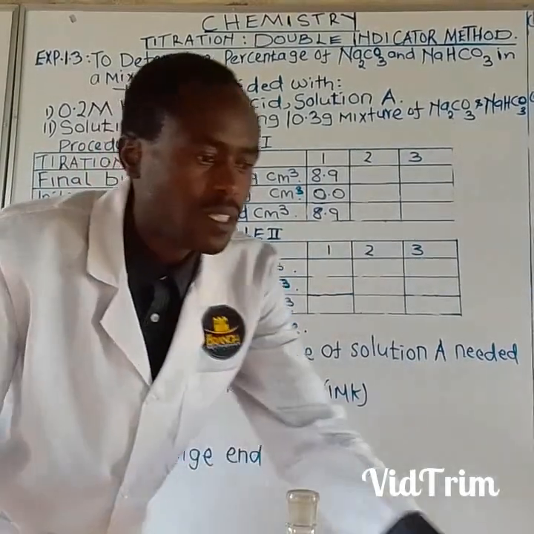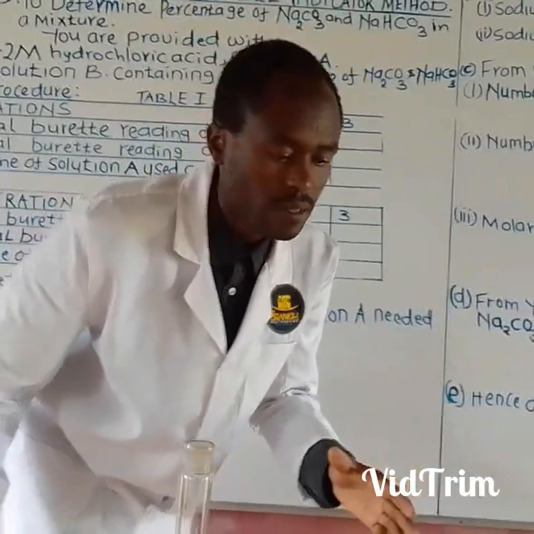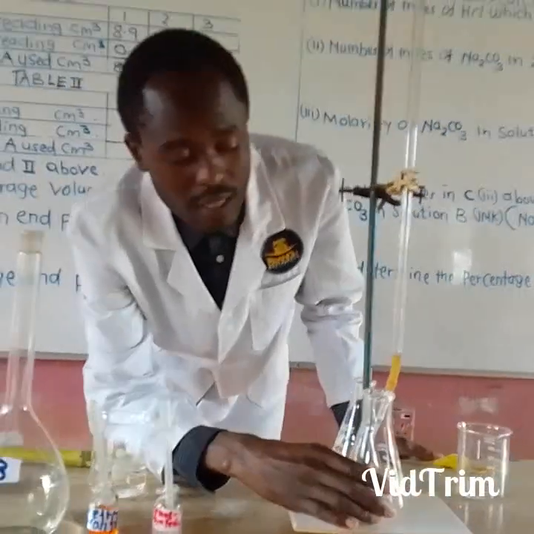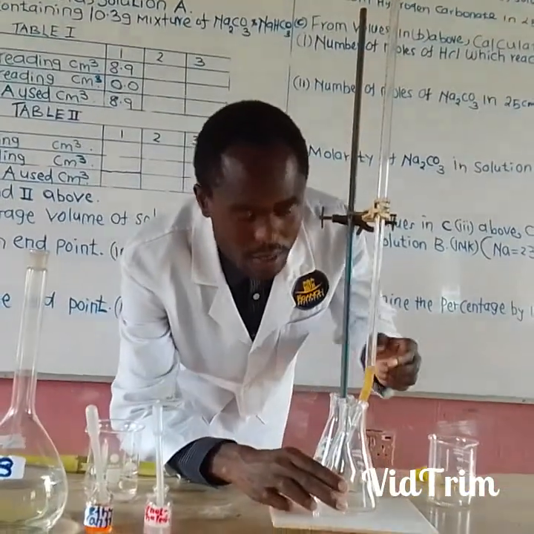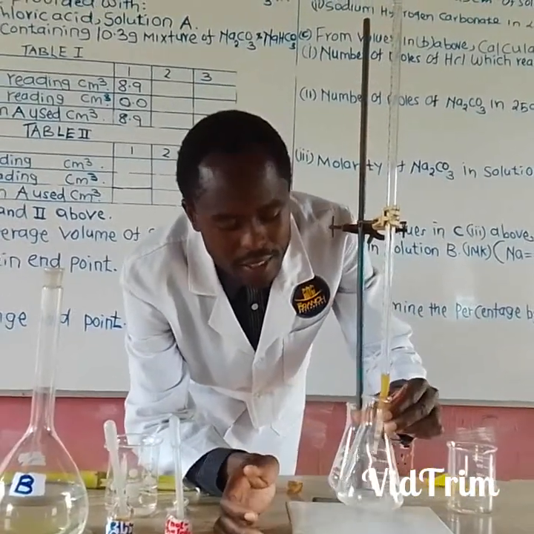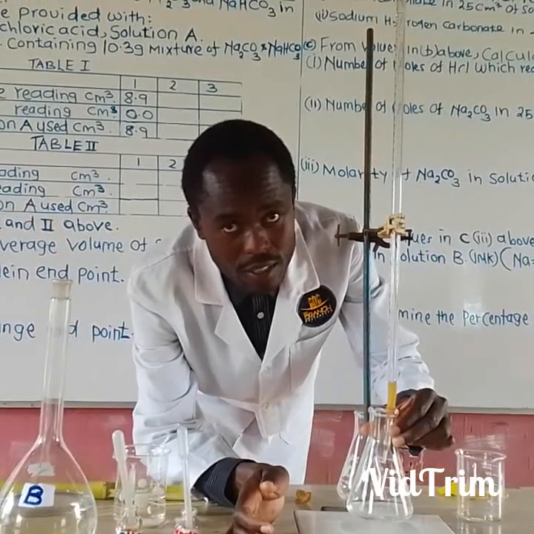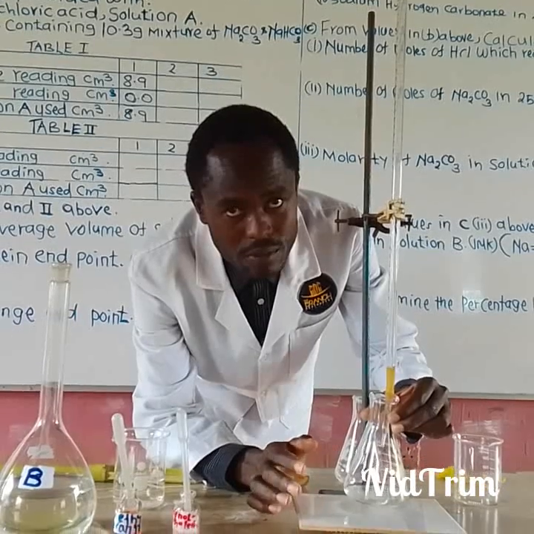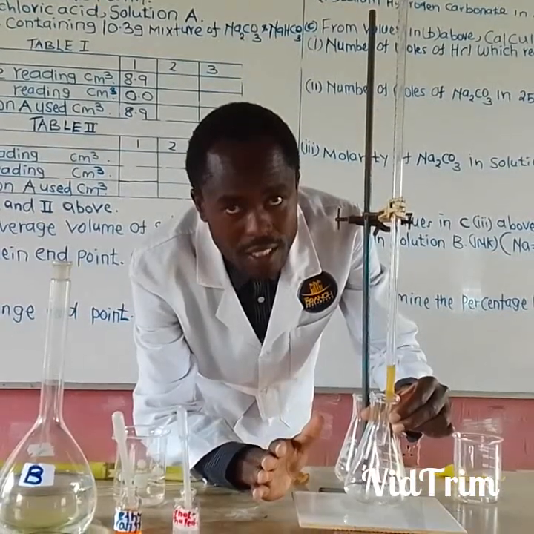I now take this just slowly. Focus here. So the next step, I take this resultant solution, then I add there 3 drops of methyl orange indicator.